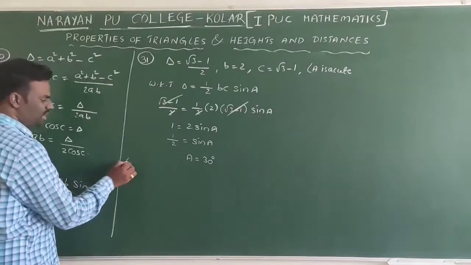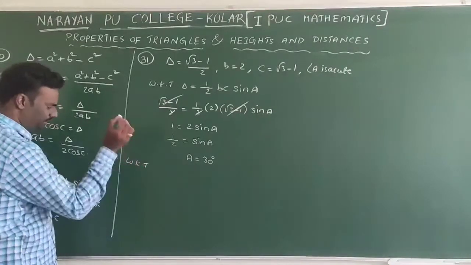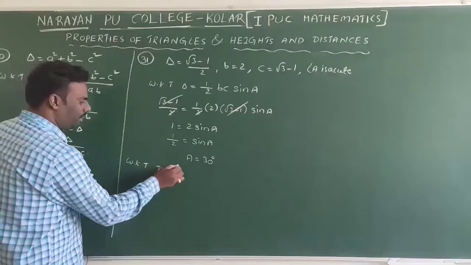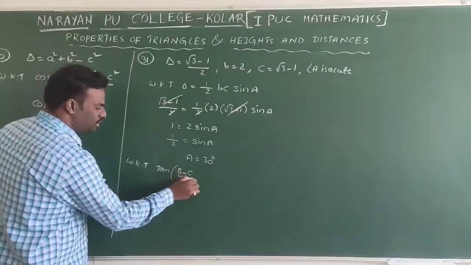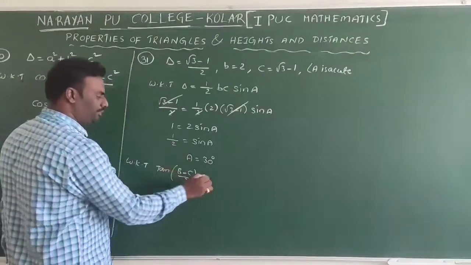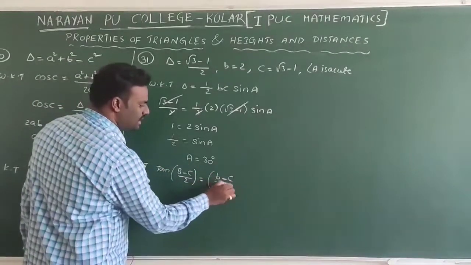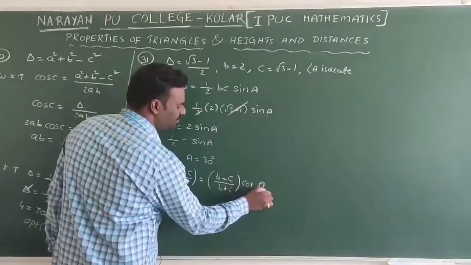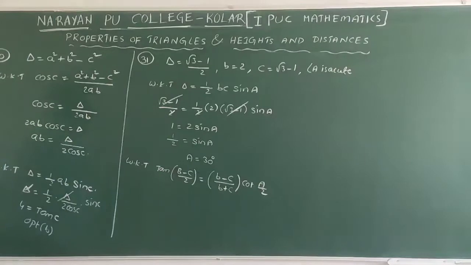So here I am using Napier's formula or tangent rule. Tan of (B minus C) by 2 is equal to (b minus c) by (b plus c) into cot A by 2. This is Napier's first rule, the tangent rule.